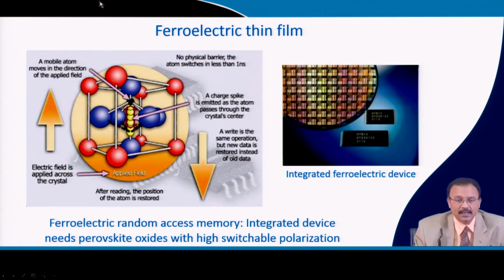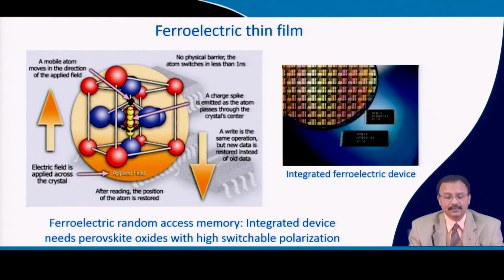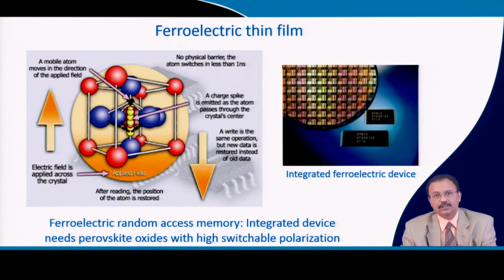As you can see, we have already described it. There is a mobile cation here, and this mobile cation moves in the direction of the applied field. If you have a positive field and it goes up, then it is switchable. If you put a negative field, then it will be in the opposite direction, and there is no physical barrier for this kind of switching.